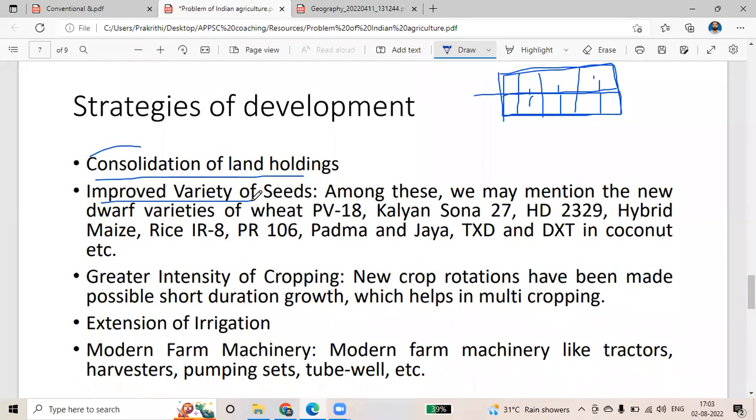We were able to recover from the poverty faced after the post-independence time. The green revolution did a lot. The most important innovation in it was the use of high yield variety seeds, improved variety seeds.